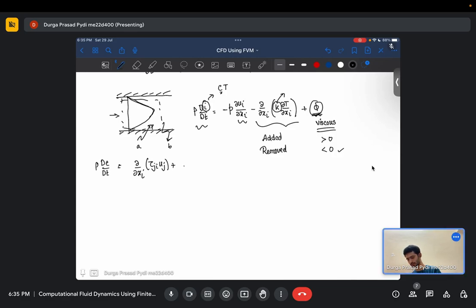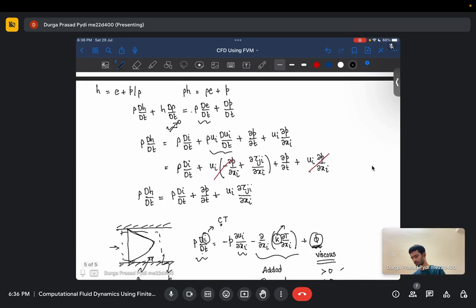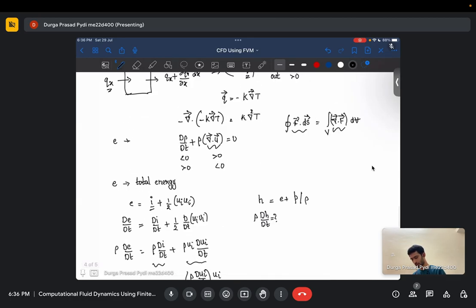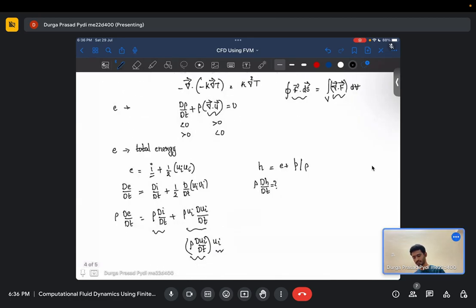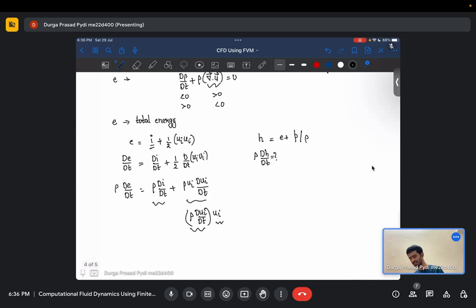plus so and so. You have the pressure gradient in other terms as well, like the static pressure gradient. But then you have to relate this with your internal energy. E is your total energy that contains both the kinetic energy as well as your internal energy. So you need to split this up again.